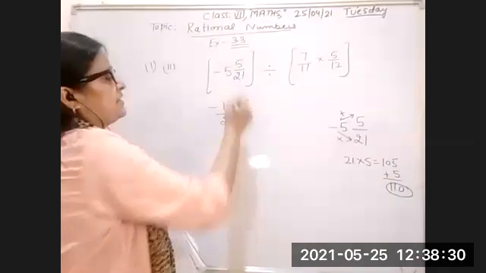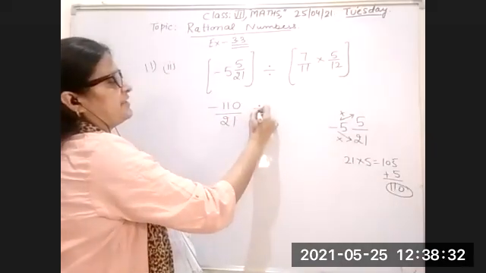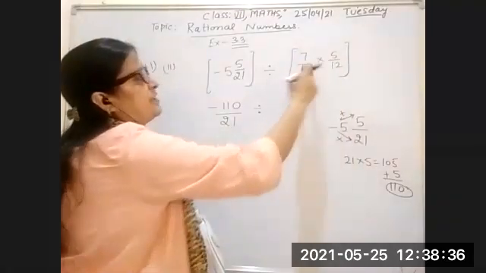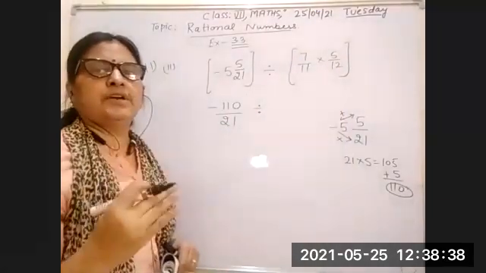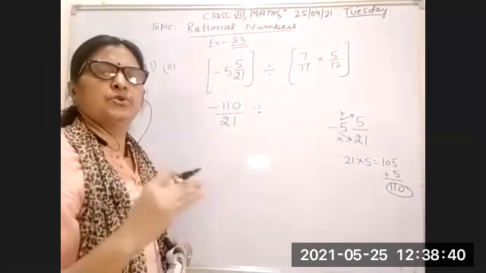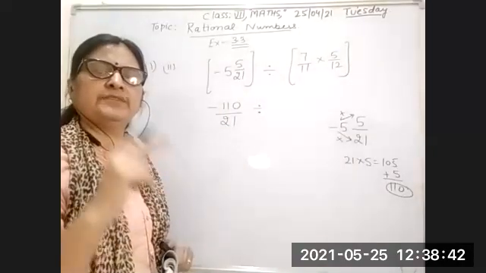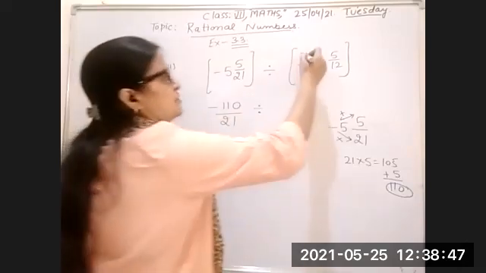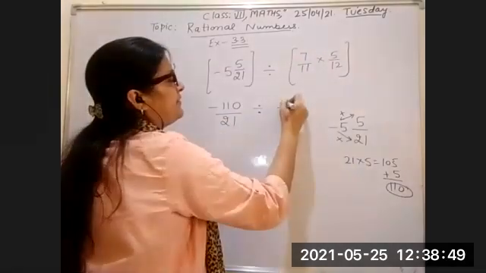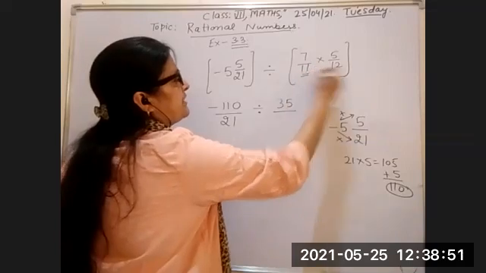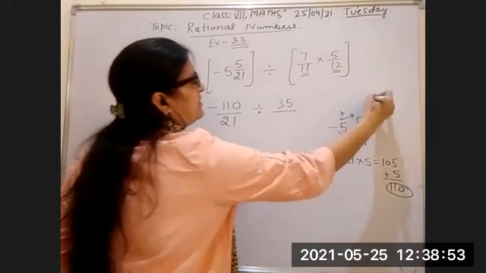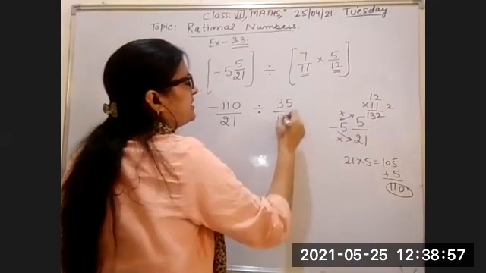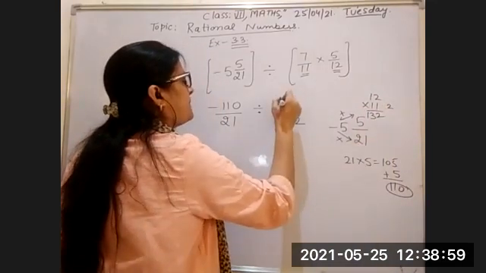So minus 110 upon 21 divided by. Now you have to solve this bracket and convert it into reduced form. So you multiply numerator with numerator and denominator with denominator. So 7 5s are 35, and if you multiply 11 with 12 you will get here 132.